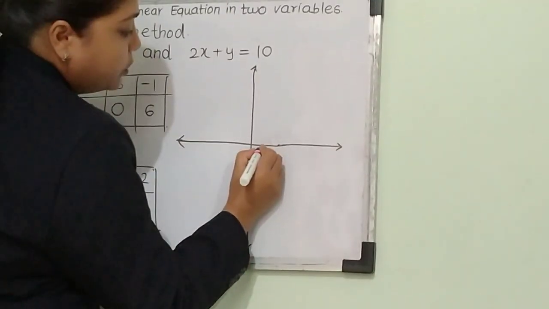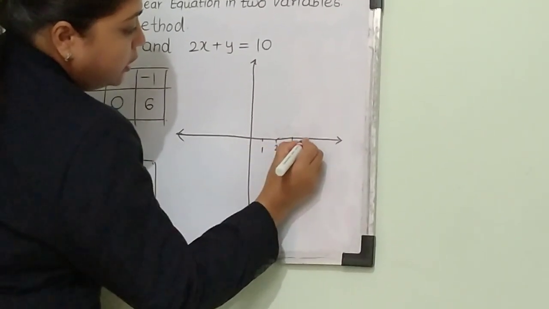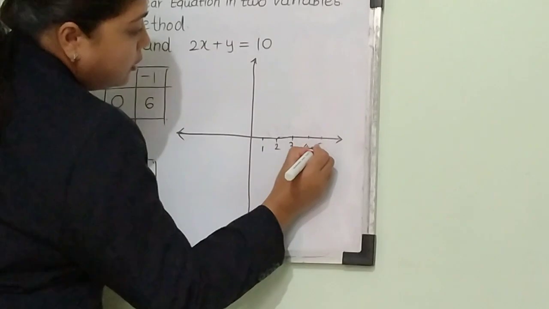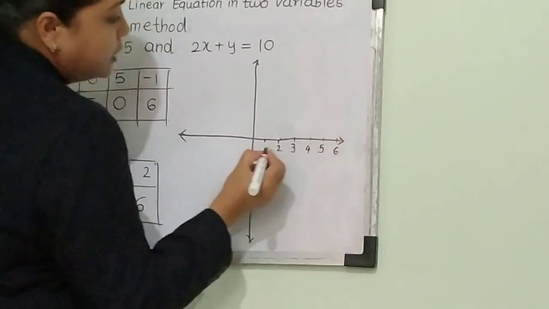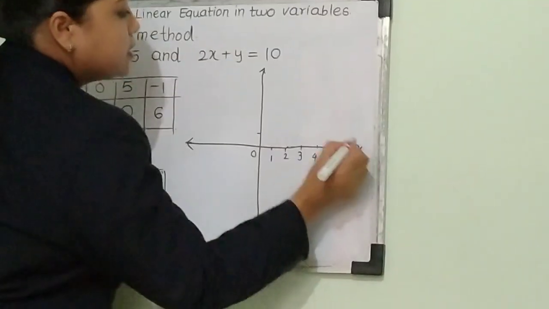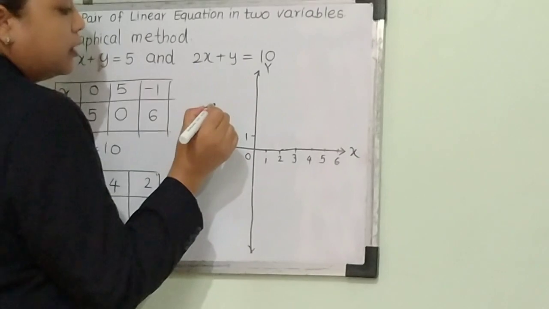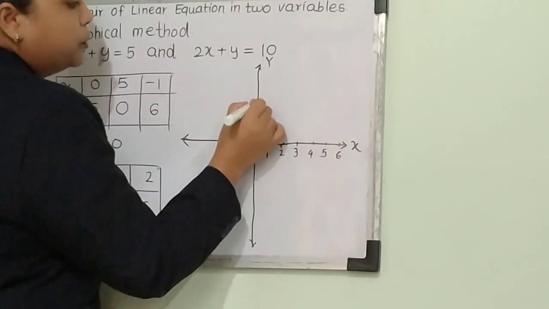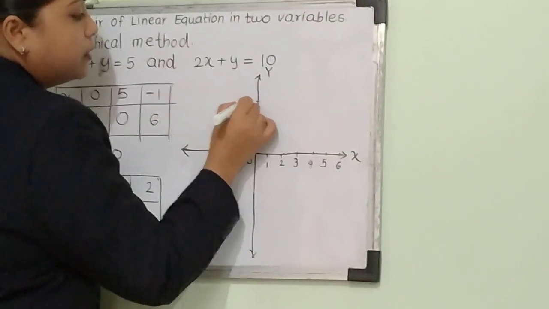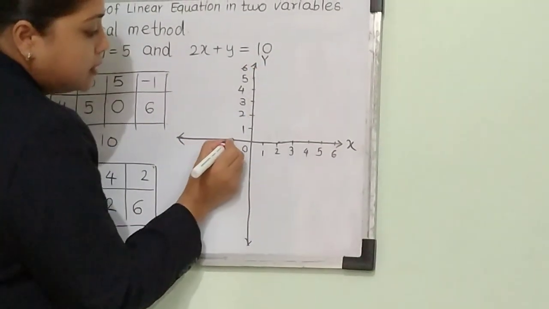So I am going to take the scale 1, 2, 3, 4, 5, 6 from 0. It is the x-axis, it is the y-axis. Again 1, 2, 3, 4, 5 and 6.